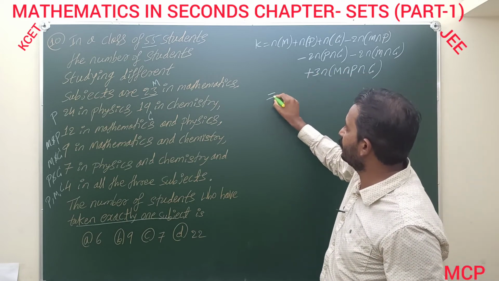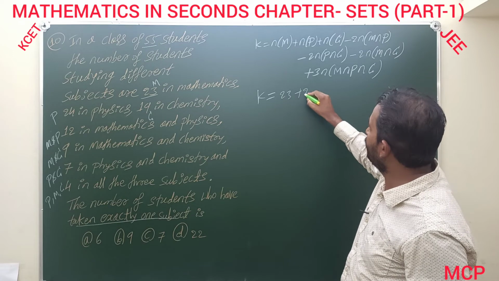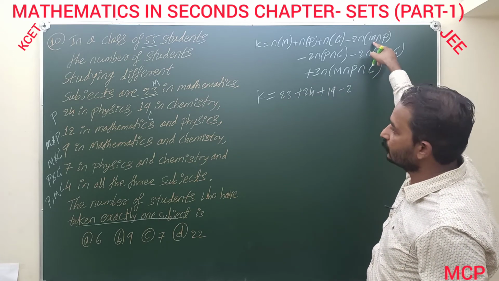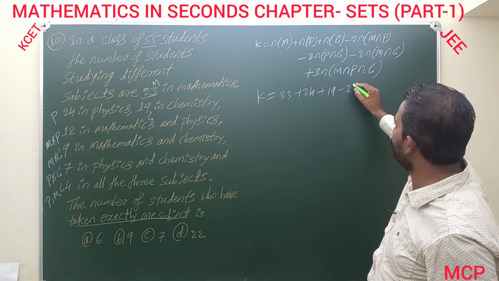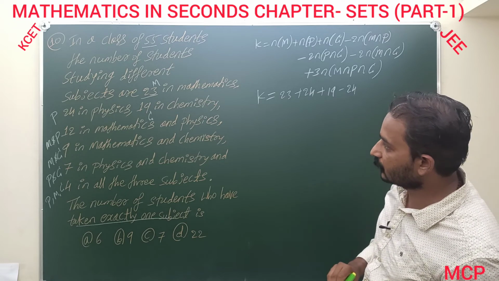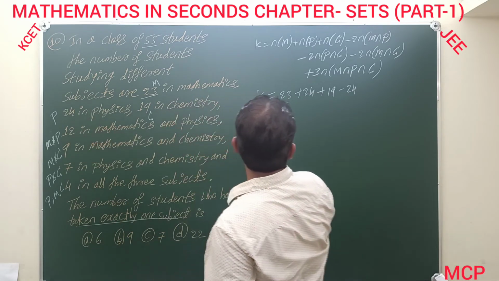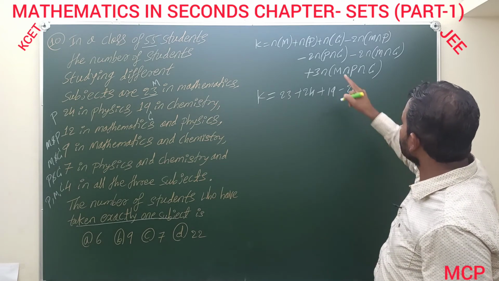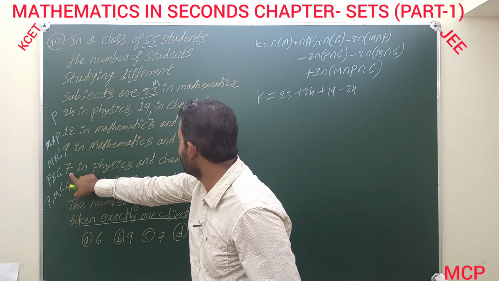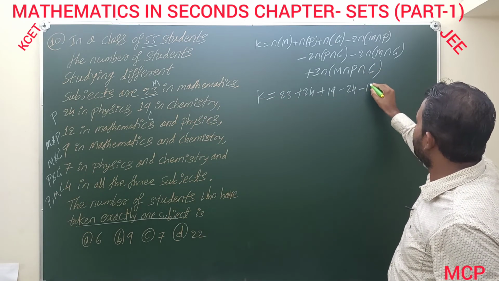So all are given in the question. So maths here 23 plus physics 24 plus chemistry 19 minus 2 into maths and physics 12, 2 12s are 24. Next, physics and chemistry, 7 is there, 2 7s are 14.